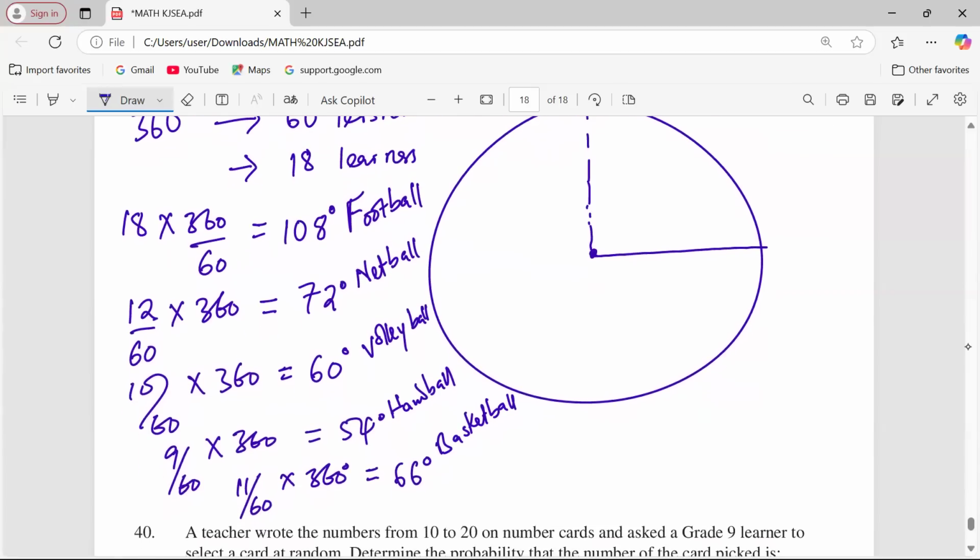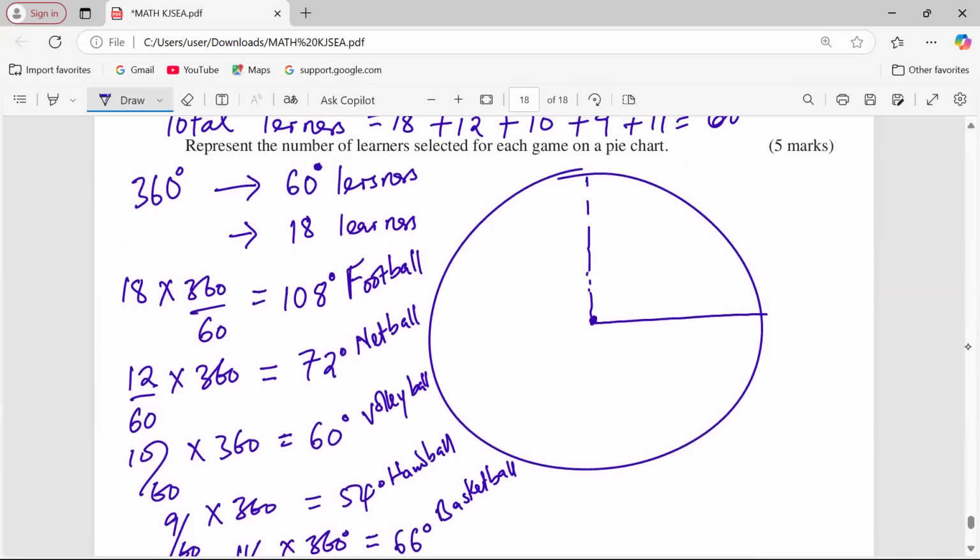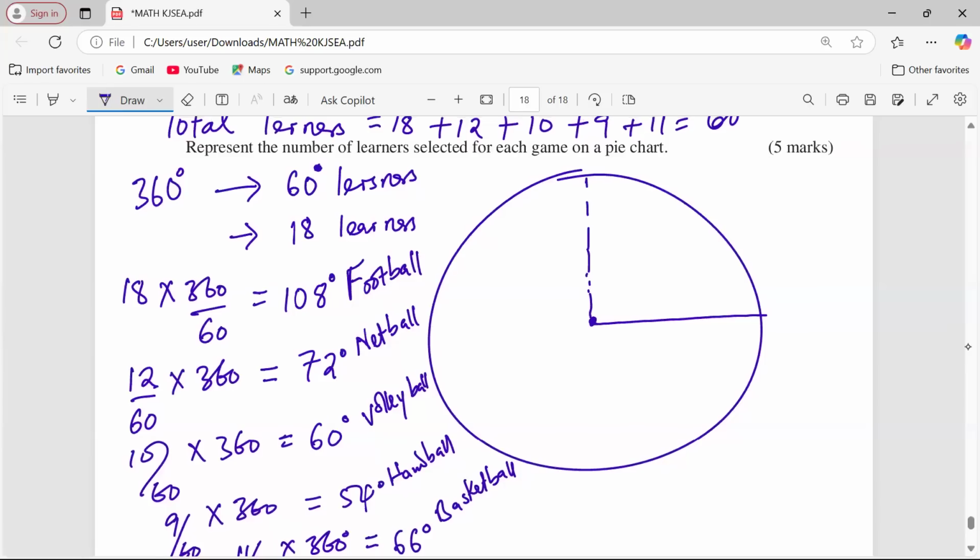So measuring 108 from this line, 108 will be somewhere here, somewhere there. Then I have to produce the line this way. So we have 108 degrees. This is football.